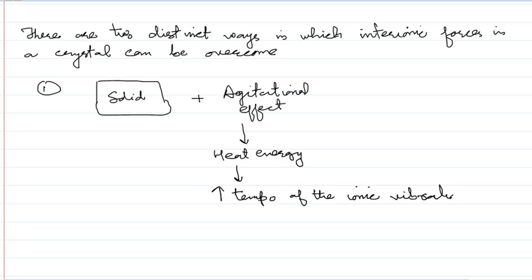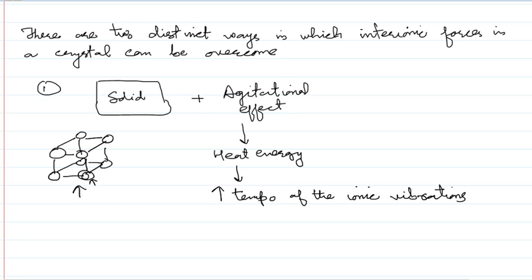That means as you increase the heat energy, obviously, if these are the ions, I will show you just by a schematic diagram. Suppose these are the ions in a crystal lattice, and when you increase the heat, their vibrational energy will increase at their lattice points.